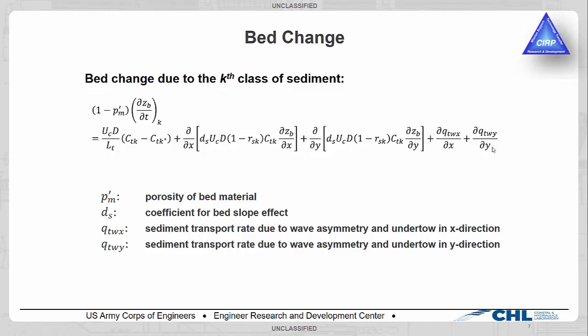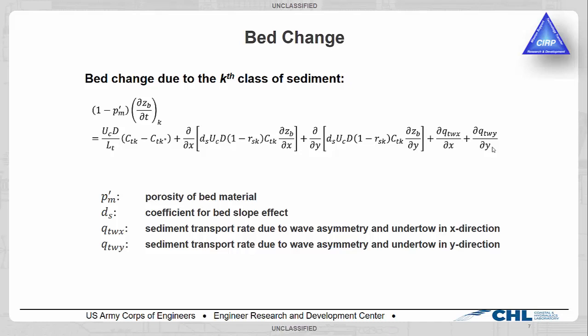After the sediment transport model and sediment transport formula, the next one is bed change. This is the equation for bed change due to K classes of sediment. PM prime is the porosity of bed material, and ds is the coefficient for bed slope effect. QTWX and QTWY are the sediment transport rates due to wave asymmetry and undertow in the X and Y directions, respectively.